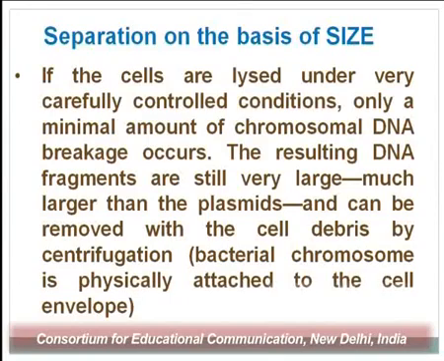So we will get the total cell DNA in which the genomic or chromosomal DNA will be there and the plasmid DNA will also be there, and both the DNAs will be highly intact. So if the cells are lysed under a very carefully controlled condition, a minimal amount of chromosomal DNA breakage will occur. The resulting DNA fragments are still very large, much larger than the plasmids, and therefore can be removed with the cell debris by simple centrifugation.